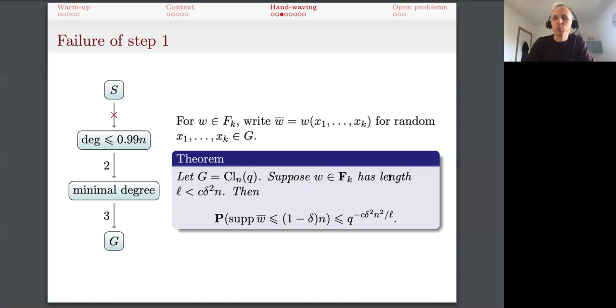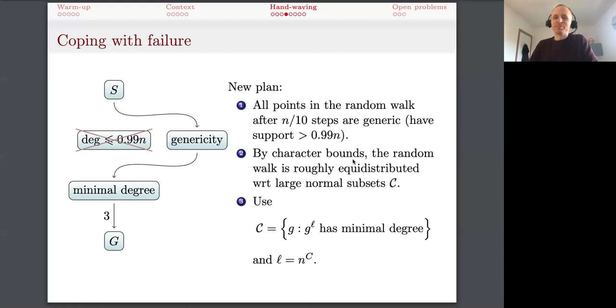Okay, so we're going to find a replacement for step 1. We're going to do something instead of finding an element of minimal degree, and it comes from the observation that this is actually a good thing in the following sense. So we know that all points in our random walk after about n over 10 steps are generic in the sense of having almost maximal support.